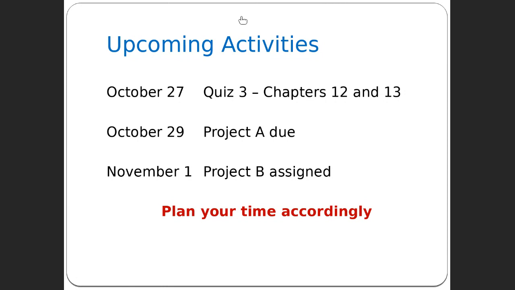And there are 4 chapters included in the exam, as you know, 12, 13, 14, and 15. Right? So that's a pretty tight schedule around there for many of us.